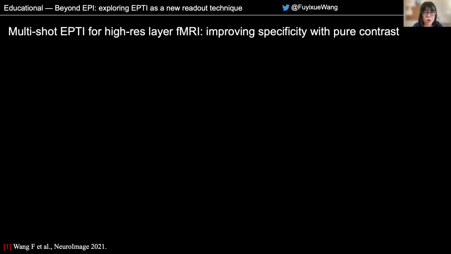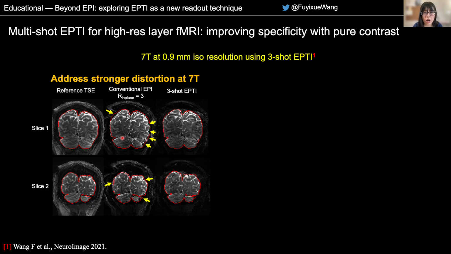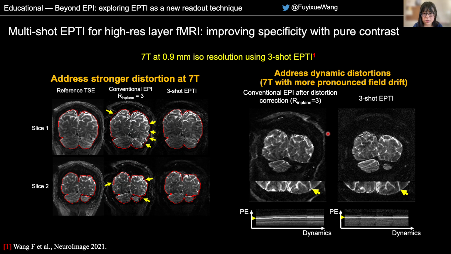For high-resolution fMRI at ultra-high field, EPTI can address the stronger distortion at 7T, as well as the dynamic distortion, which is also more prominent at 7T. You can see the geometric changes across dynamics due to field drift that can be removed in EPTI acquisition.